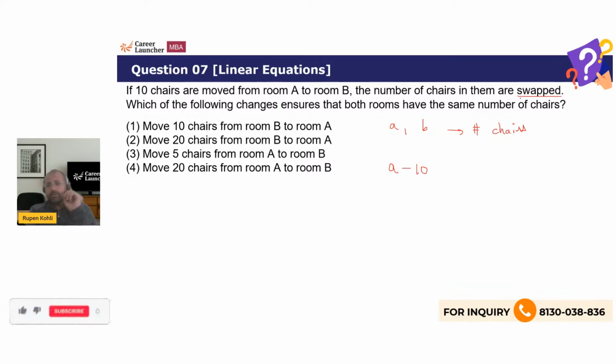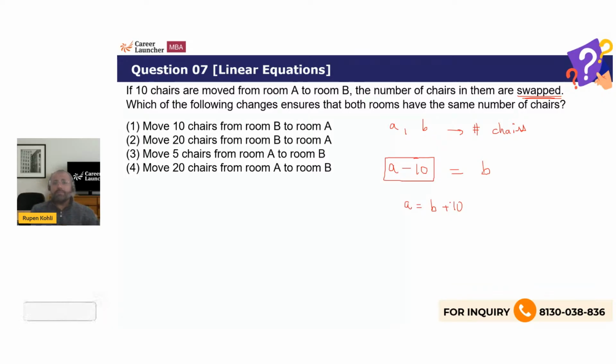And as per the concept of swapping, the number of chairs in room A now, which is a minus 10, should be equal to the number of chairs that were there in room B initially, which is b. So that is the meaning of this statement. a minus 10 is the same as b, or a is b plus 10. Therefore, room A has 10 chairs more than room B initially.